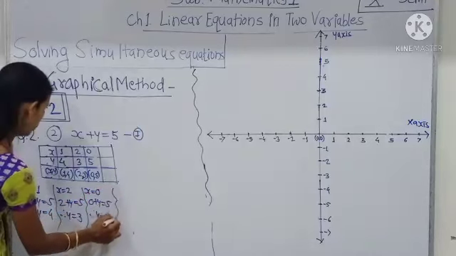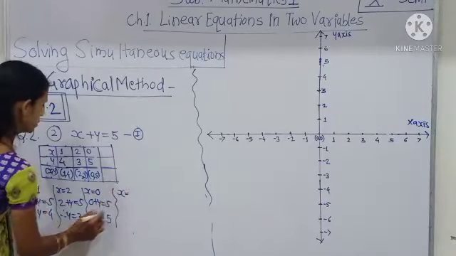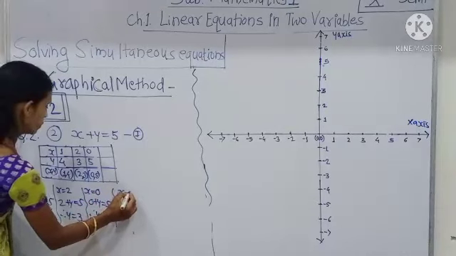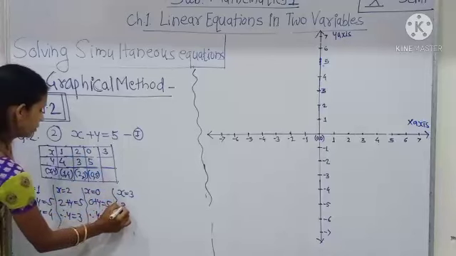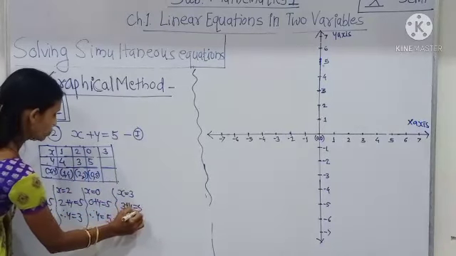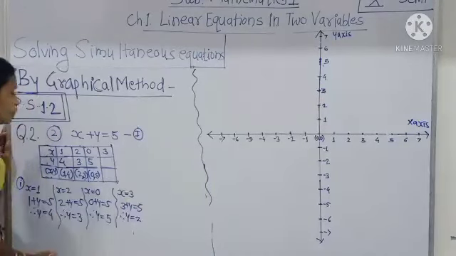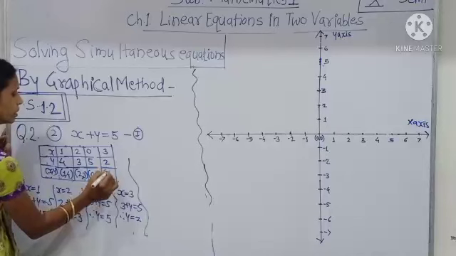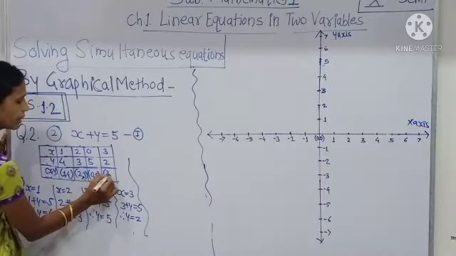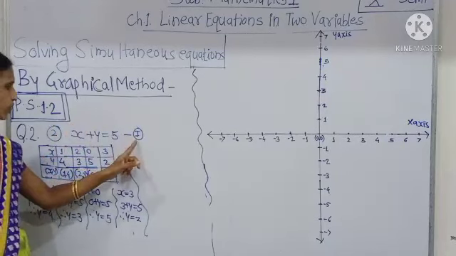Similarly, if we put the value of x equal to 3, then 3 plus y is equal to 5. Therefore, y is equal to 2. Therefore, 3, 2 is the fourth ordered pair for the same equation number 1.